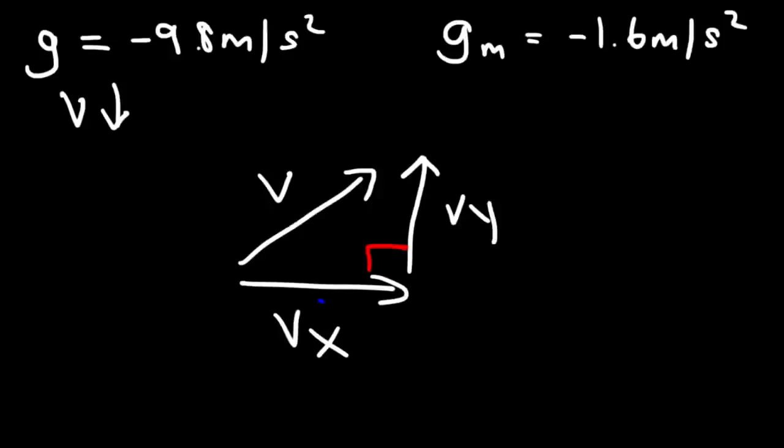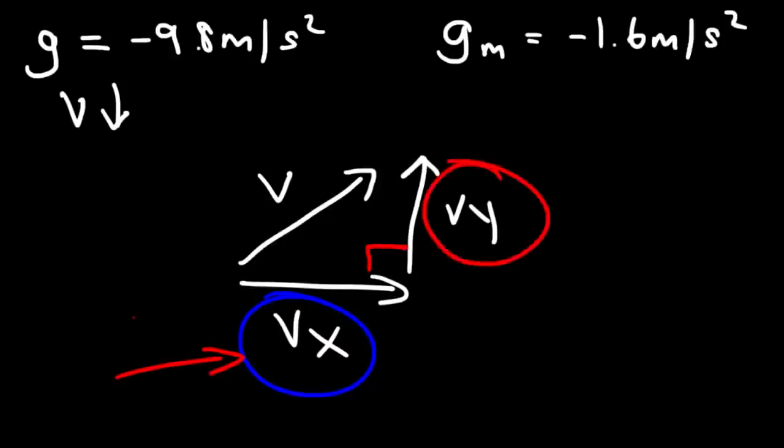The actual velocity is basically the hypotenuse of this right triangle. Vx is the horizontal component of this velocity vector. Vy is the vertical component. The gravitational acceleration does not affect Vx. It affects Vy. So technically you can write this as Gy. It's a vertical gravitational acceleration.